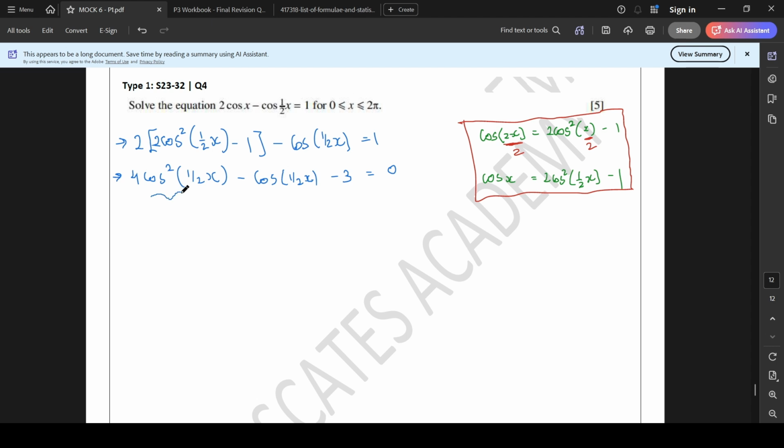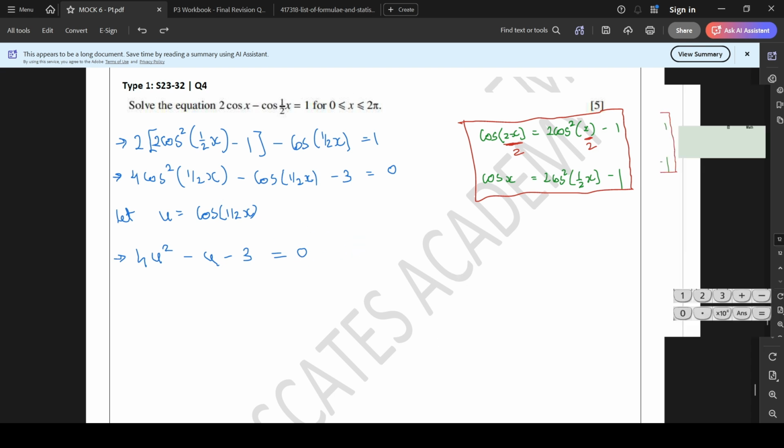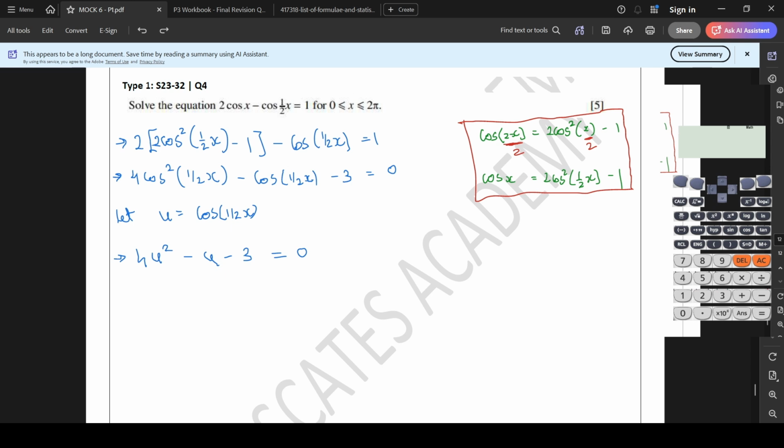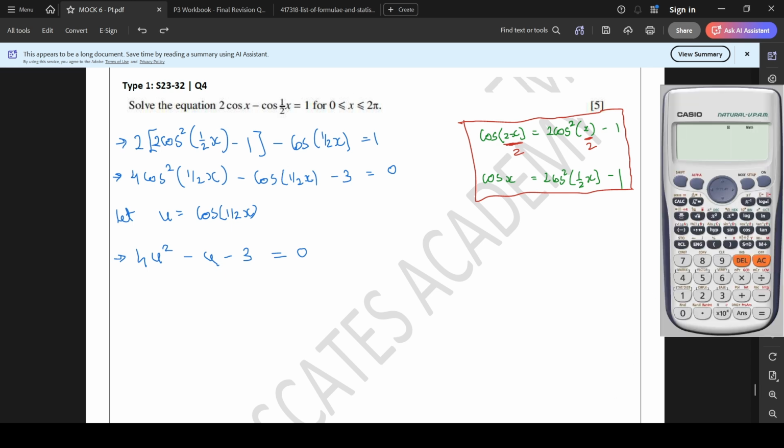Now you can see there is a hidden quadratic in terms of cos half x. So what you can do over here is say that let u is equal to cos half x and solve the quadratic equation: 4u square minus u minus 3 is equal to 0. Or you can go ahead with whatever approaches you've learned in your AS level. But this is something that is very useful for a lot of students, so I'll stick with this.